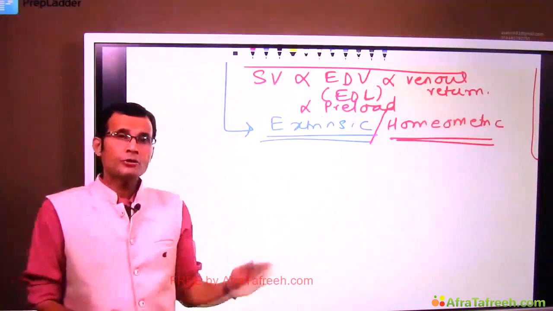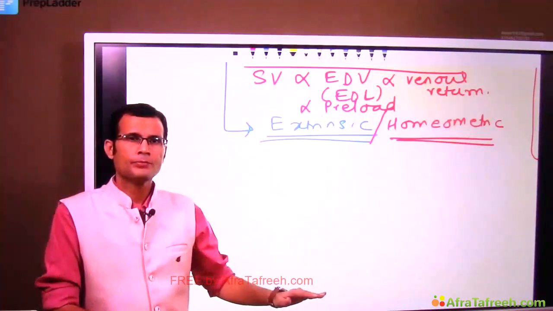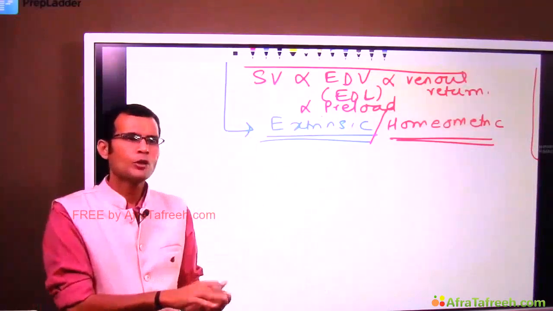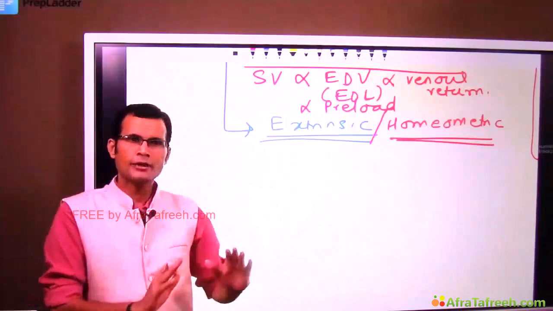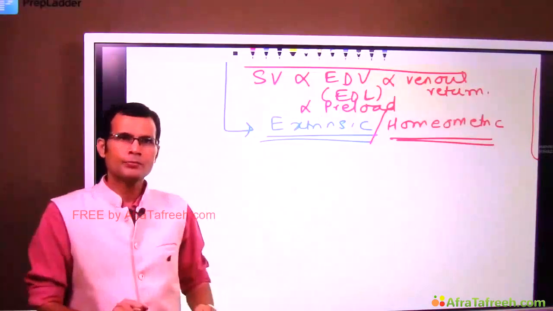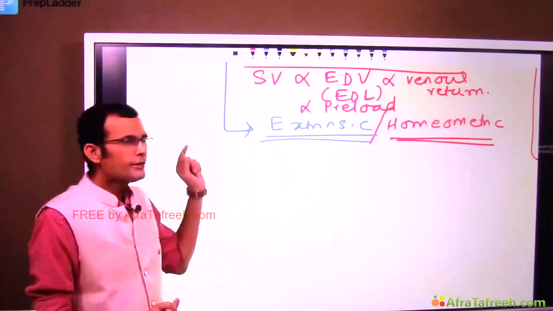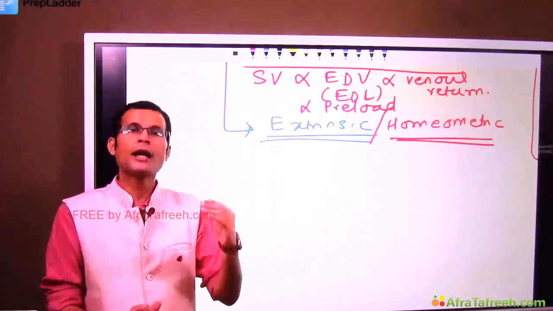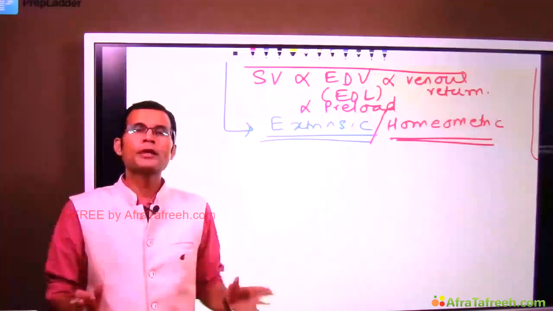The end diastolic length will remain what it is. For 130 ml end diastolic volume, whatever is the fiber length, stretch on the fiber, it will remain that way. And still the next systole will produce a stronger contraction and more stroke volume. That will then be called homeometric regulation.